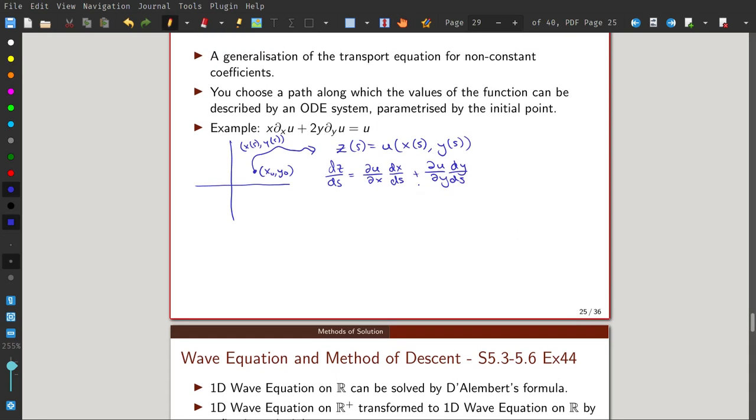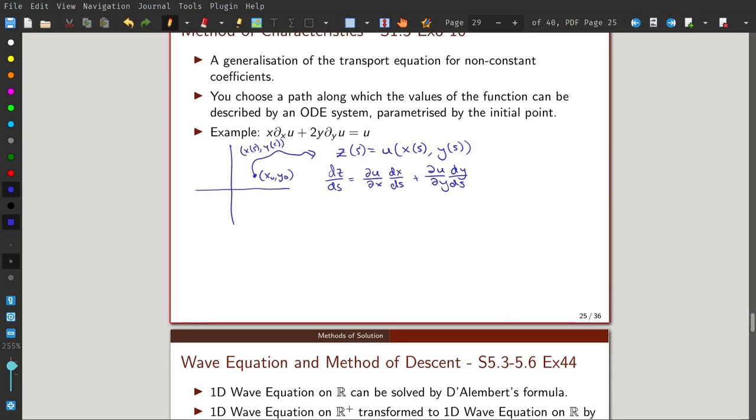And what we see is for first order systems, or at least linear first order systems, that if we match these up like this, we can control the behavior of z along this curve using the information given by the PDE.